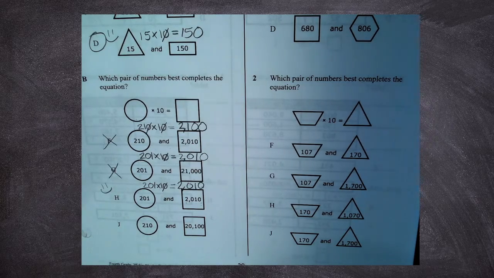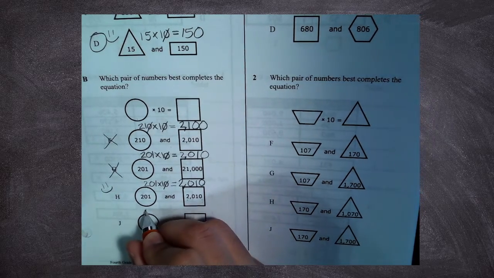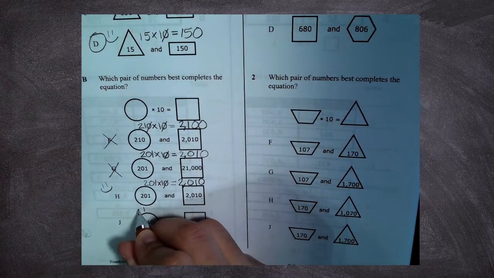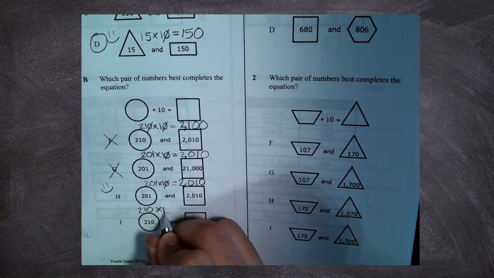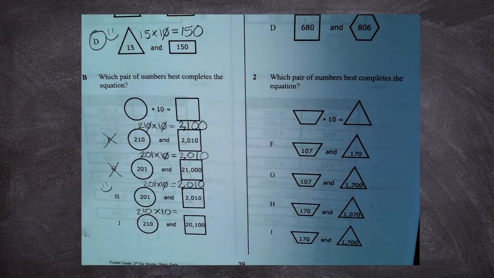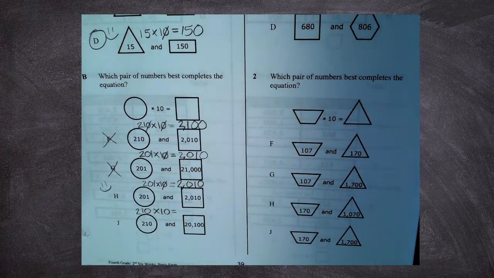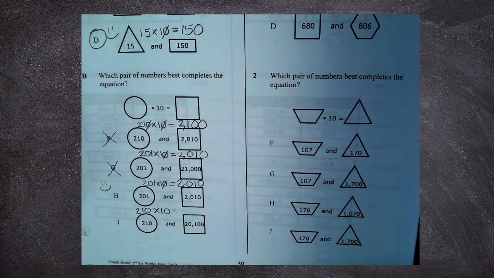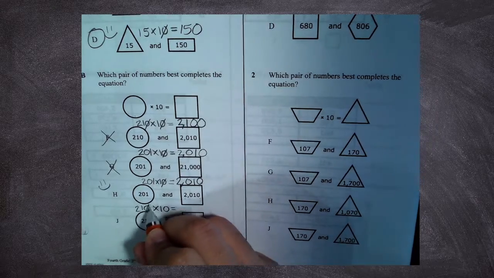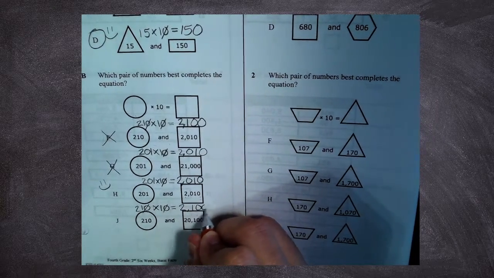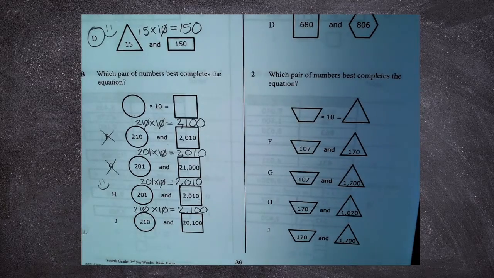Let's check the last one, just to be sure. 210 is the number in the circle. So they want 210 times 10. For 210 times 10, we did that one too. 210 times 10 gave us 2,100.